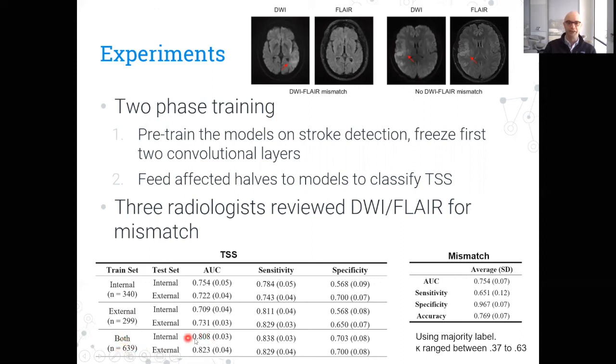We can evaluate it on held out test sets from UCLA, as well as from AMC in South Korea. Those models perform the best with about a 0.8 to 0.823 AUC. Using mismatch as a target, our best model got about a 0.75 AUC. But it's important to note that mismatch is a difficult thing to assess even for radiologists, whose kappa values range 0.37 to 0.63.